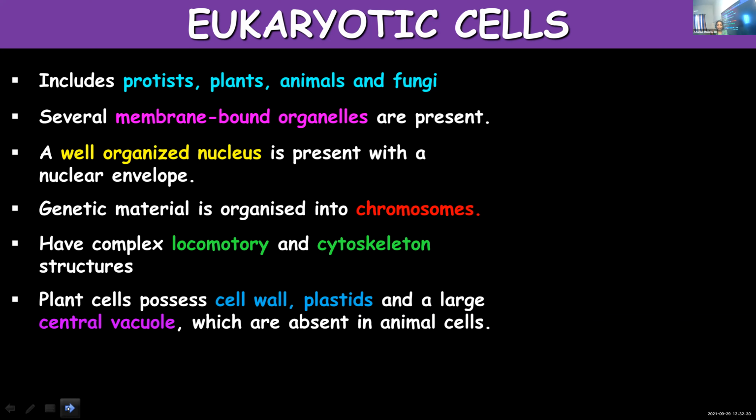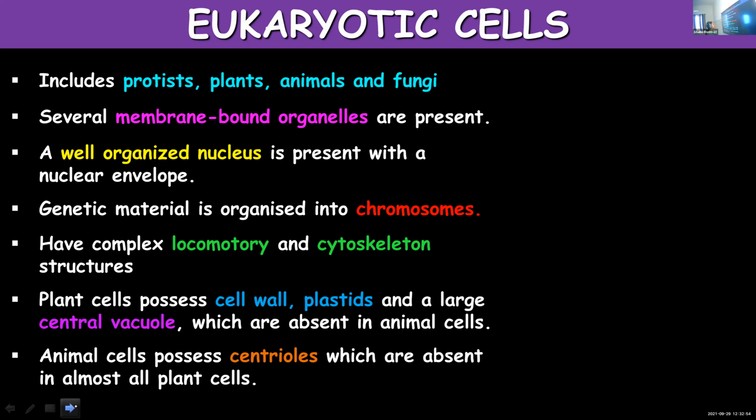One is the presence of a cell wall in the plant cell. In the plant cell, you can see the nucleus slightly shifted towards one side because of the large central vacuole. The number of vacuoles will be fewer in plants, but they are large in size. In animal cells too, vacuoles are there, but they are smaller in size.